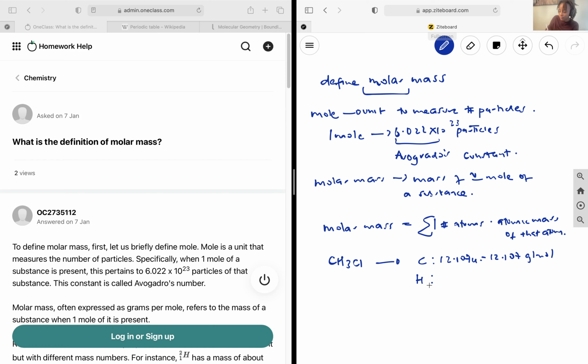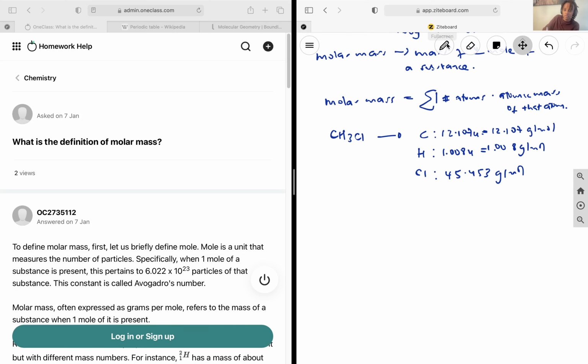Hydrogen has an atomic mass of 1.008 U, which gives us 1.008 grams per mole. And lastly, chlorine has an atomic mass of 45.453 grams per mole.